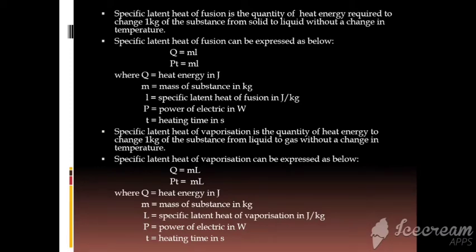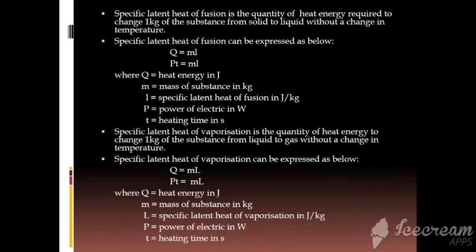Q = mL, where if Q is the heat supplied from an electrical appliance, Q = Pt, and as a result, the equation will be Pt = mL, where Q is heat energy in joule, m is the mass of the substance in kilogram, L is the specific latent heat of fusion in joule per kilogram, P is the power of the electric heater in watt, and t is the heating time in second.